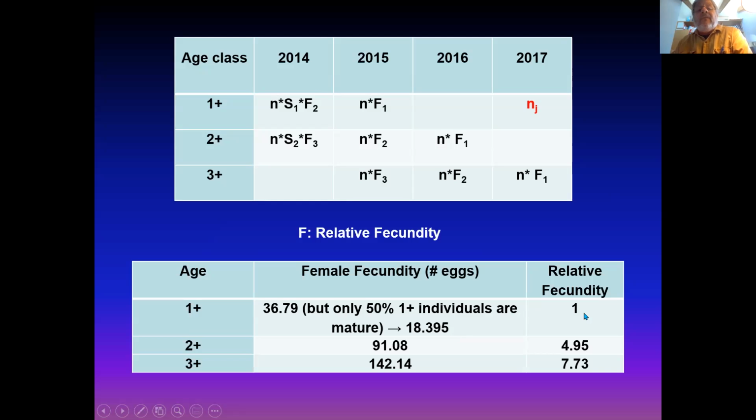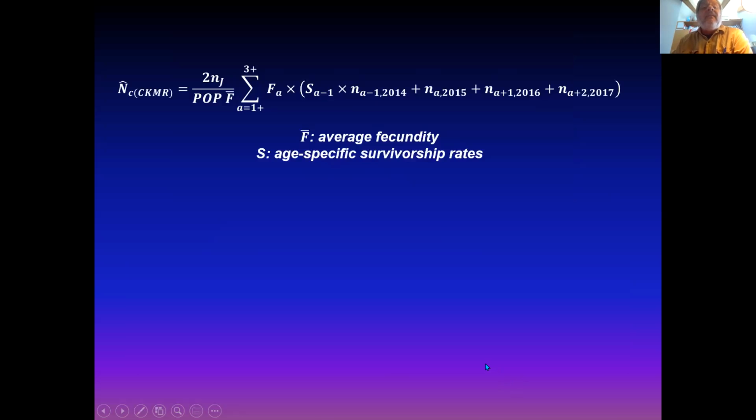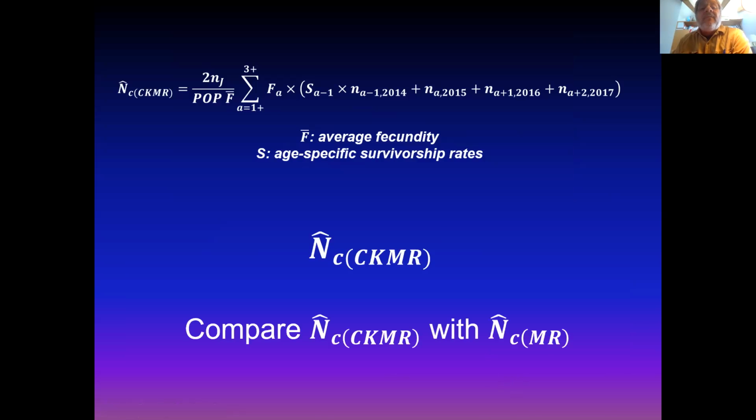That's a fecundity of 1, and we compare then fecundities of the 2 or 3-year-olds relative to that. So a 2-year-old is almost 5 times more fecund than a 1-year-old, and a 3-year-old is almost 8 times more fecund than a 1-year-old. So using this data, we can then go ahead and estimate our population abundance for these 7 populations using the close-kin mark-recapture approach.